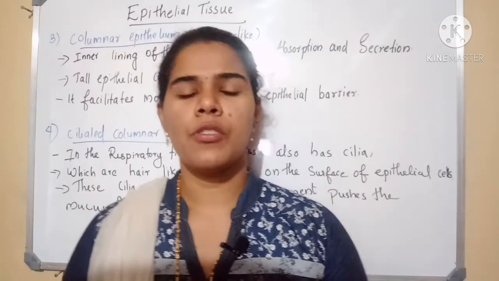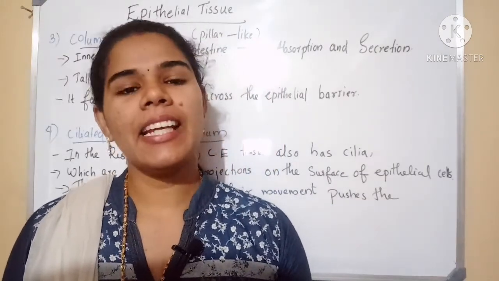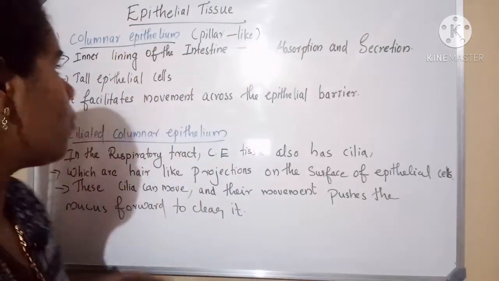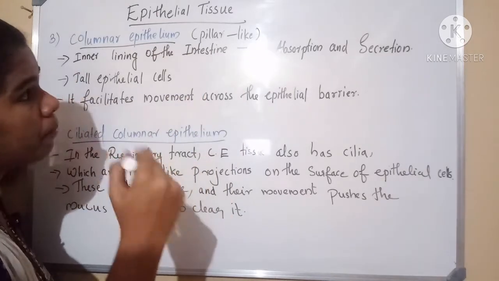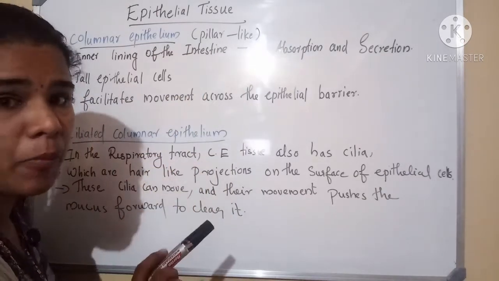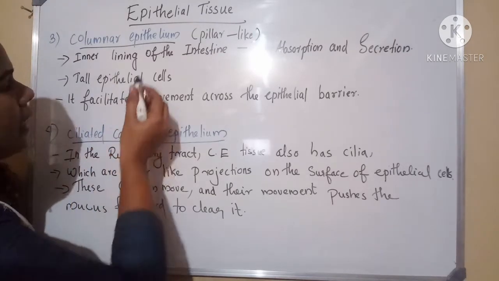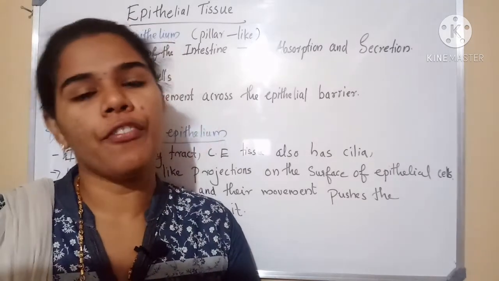So the first type we discussed is squamous epithelium, and the second type is columnar epithelium. Columnar epithelium is a pillar-like epithelium. It is mainly present in the inner lining of the intestine.